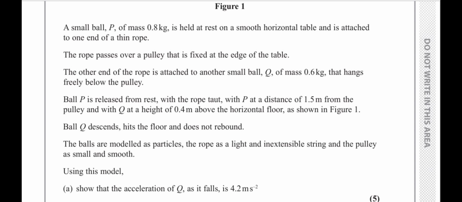Ball P is released from rest with the rope tight, with P at a distance of 1.5 meters from the pulley and with Q at a height of 0.4 meters above the horizontal floor as shown in figure 1. Ball Q descends, hits the floor and does not rebound. The balls are modeled as particles, the rope as a light and inextensible string, and the pulley is small and smooth. Using this model, show that the acceleration of Q as it falls is 4.2 meters per second squared.